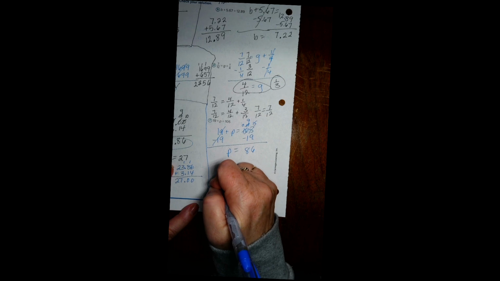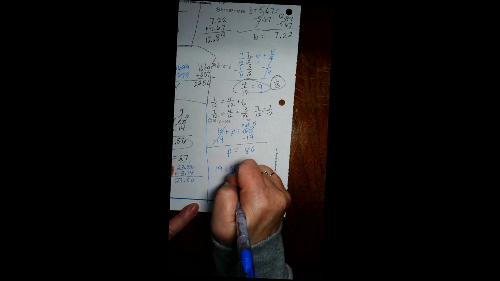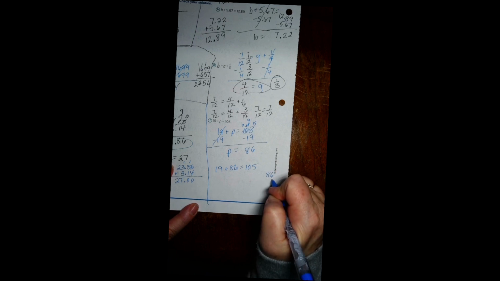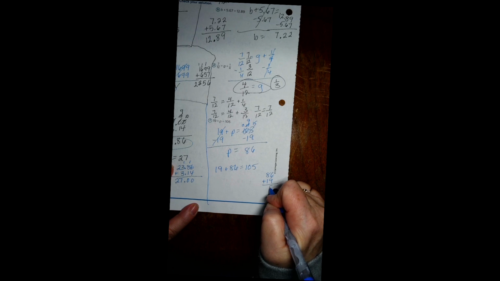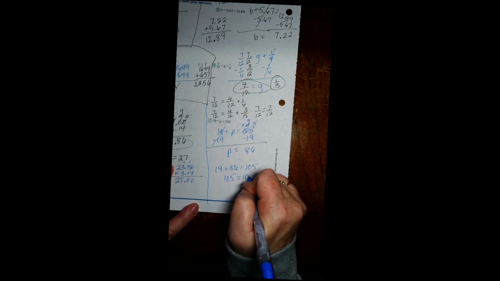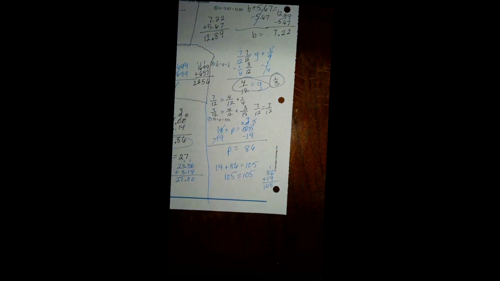So 86. So let's try it. 19 plus 86 should equal 105. 6 plus 9 is 15. 1 plus 8 plus 1 is 10. So we do get 105 equals 105. And with that, we are done with this lesson.